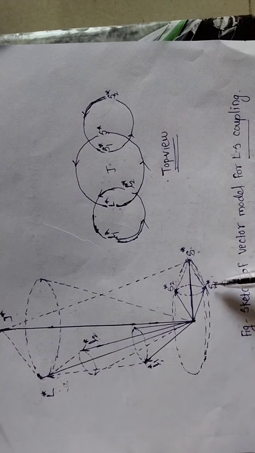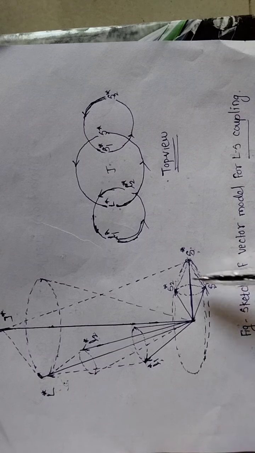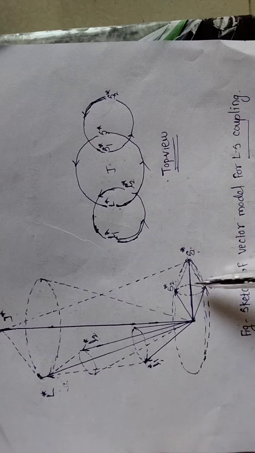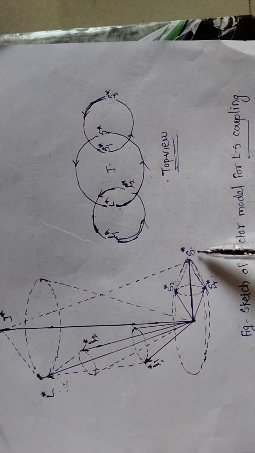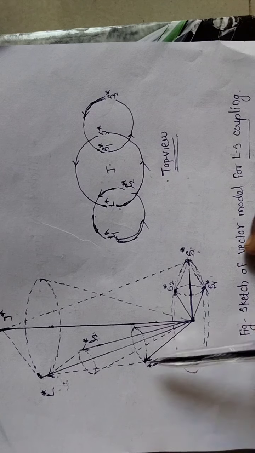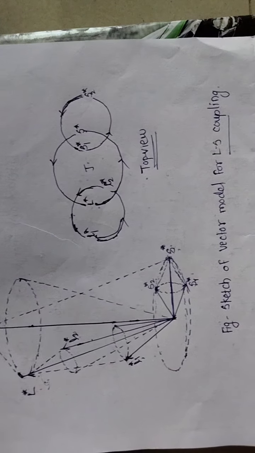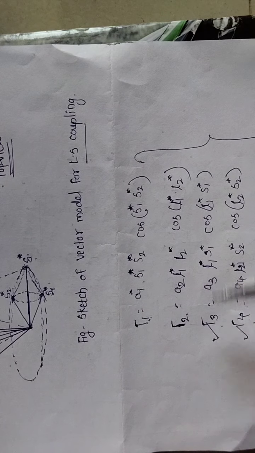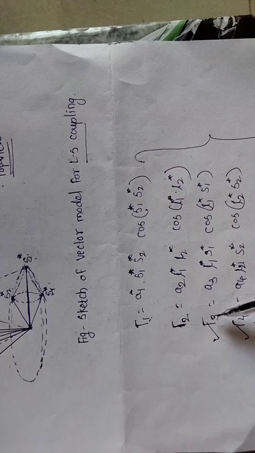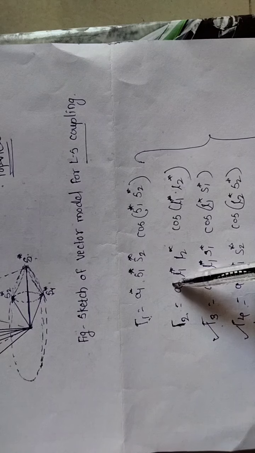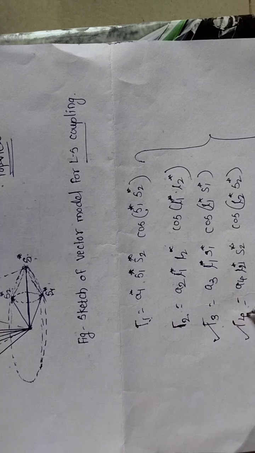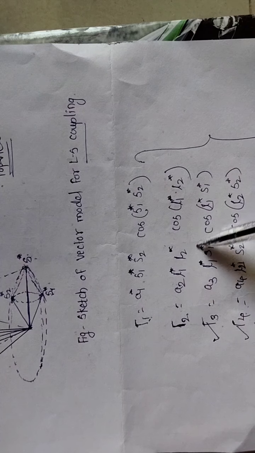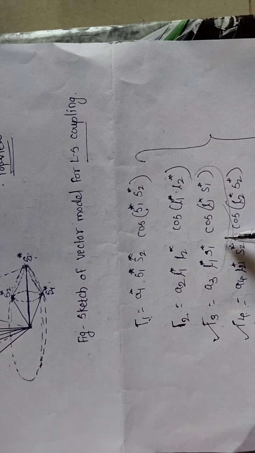The energy is larger in this case because S1 star and S2 star interact with S star, and L1 star and L2 star interact with L star. This is the predominant interaction in this figure. These two interactions are predominant over lambda 3 and lambda 4 because those are rarer interactions.